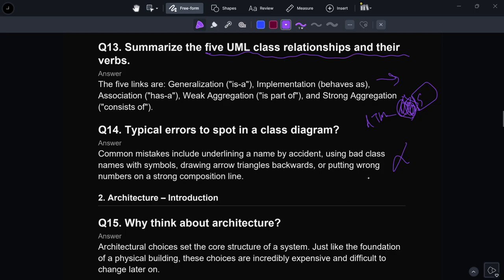For example, if this is a car and we put an asterisk or a 2 on the diamond side, it can only be 1. It's a strong relationship, so it cannot be many. If a car has many, it means that a single tire could simultaneously belong to many cars, which is just not possible.